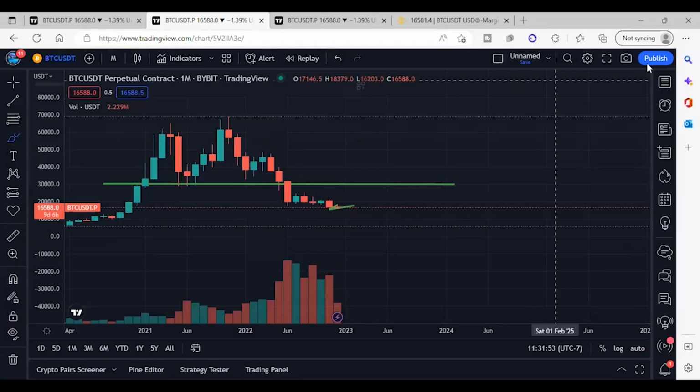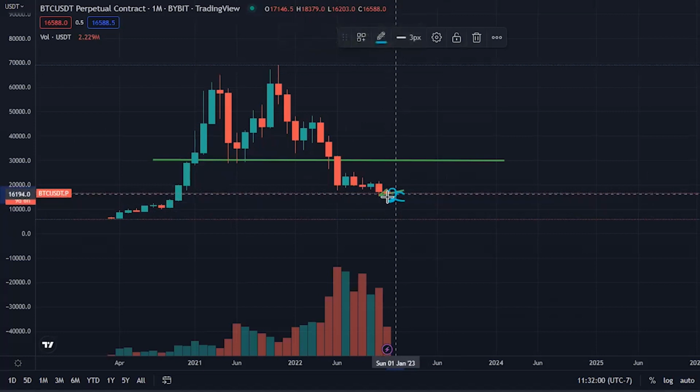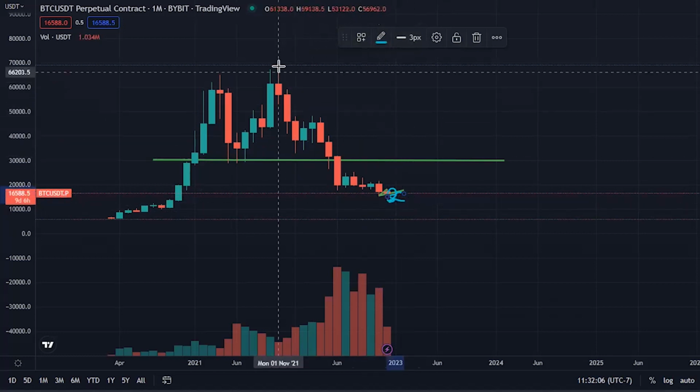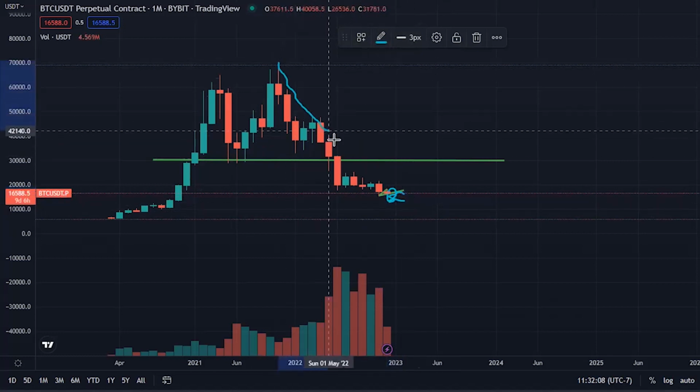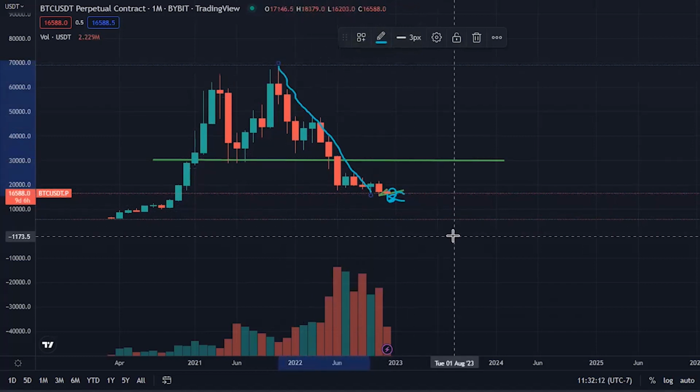Let me draw it out for you. This is where Bitcoin is. It's currently here at the bottom. The current candle here for December is right here, and this is where it has been. So what would you call this? Would you say it's an uptrend or downtrend? If you said downtrend, then you are right.